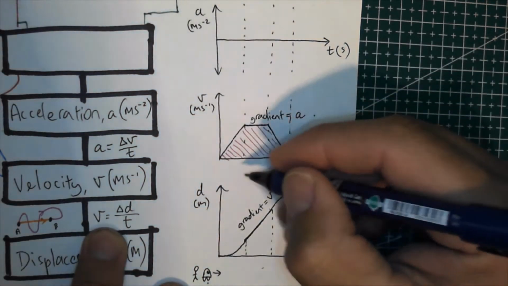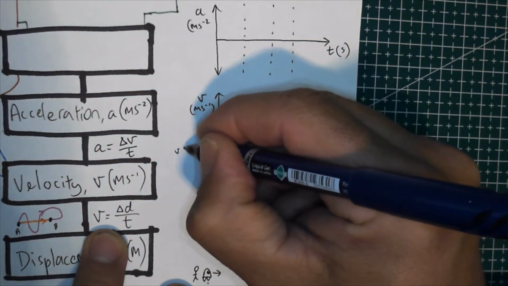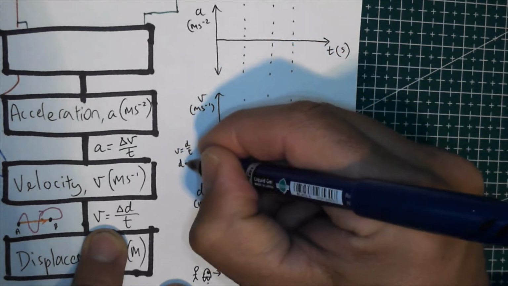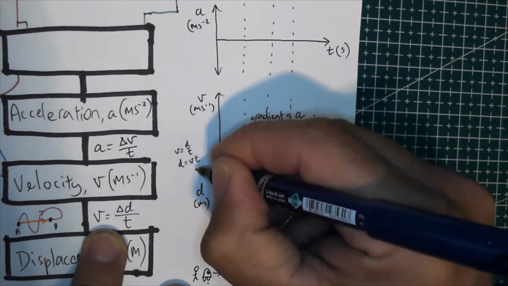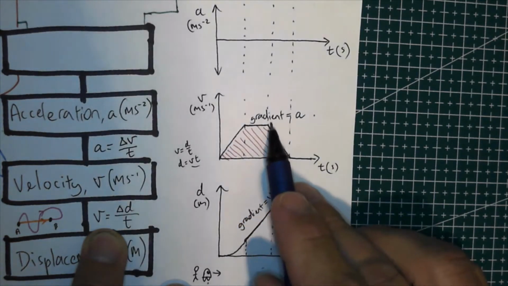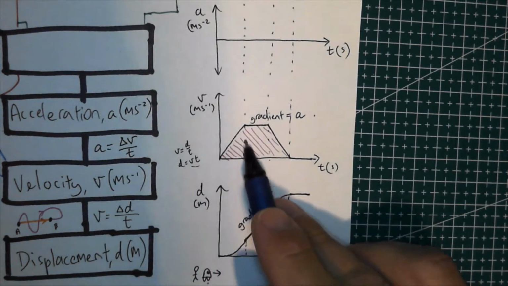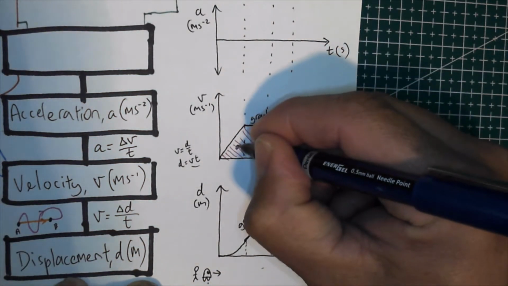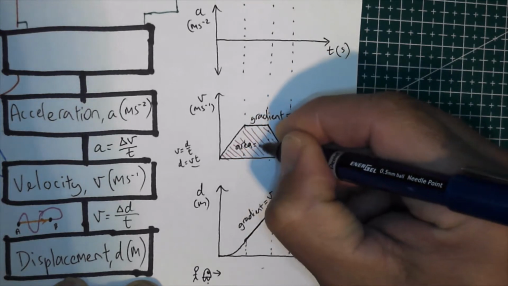And if we look at this equation down here, v equals d over t, I can rearrange that to get d equals vt. And remember, to work out the area of this rectangle, it's velocity, rise, height, times time, which is the base. So the area of a velocity time graph is actually the displacement.